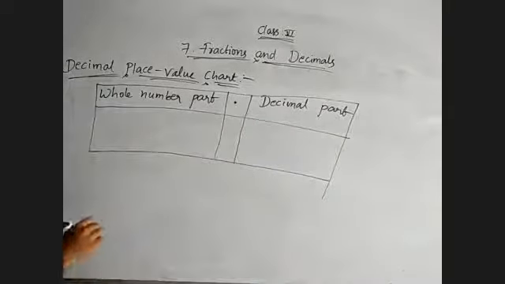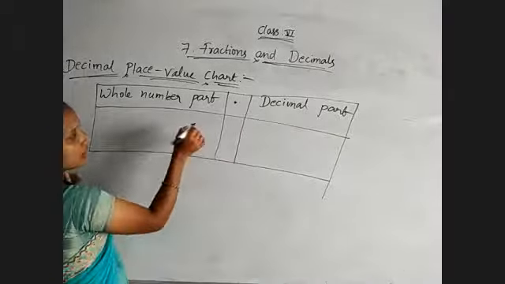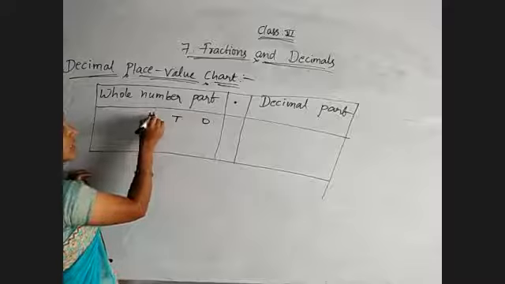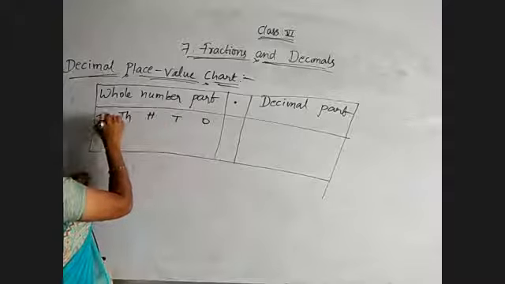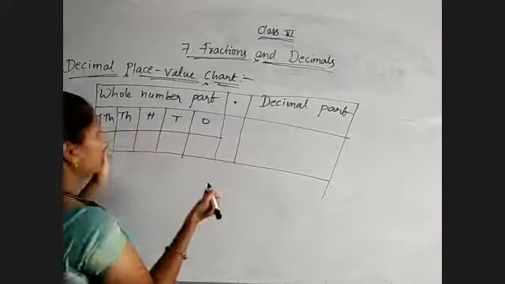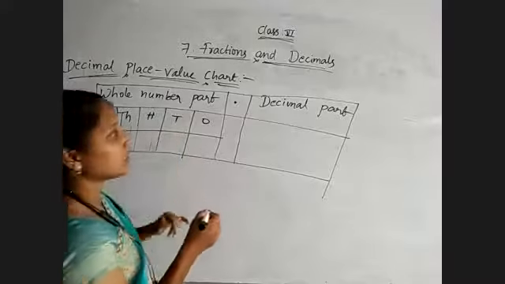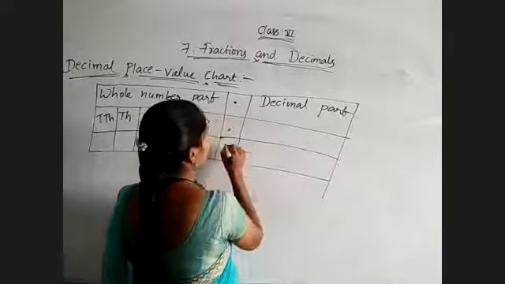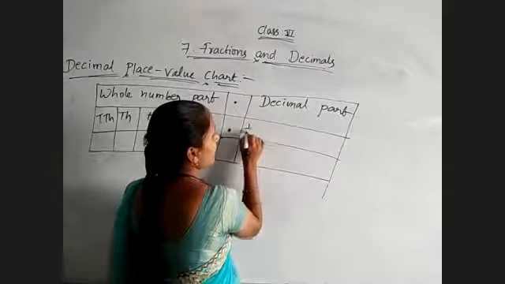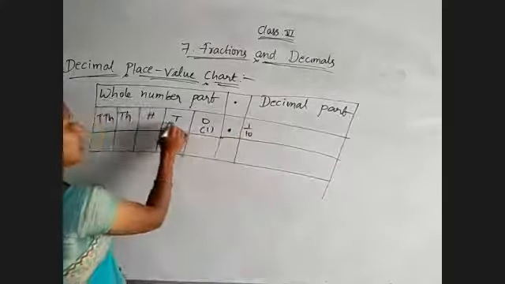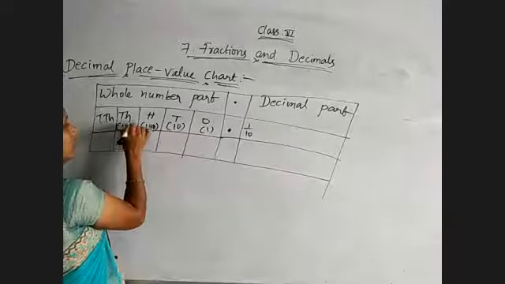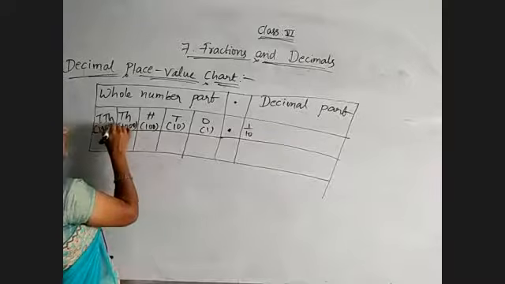In the whole number part, we will treat the same as ones, tens, hundreds, thousands, 10,000s and so on, lakhs, like that. Coming to the decimal portion, ones is 1 and tens is 10, hundreds is 100, thousand, 10,000, like this we are getting.